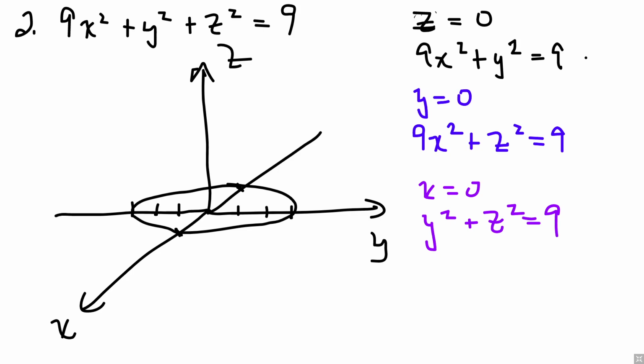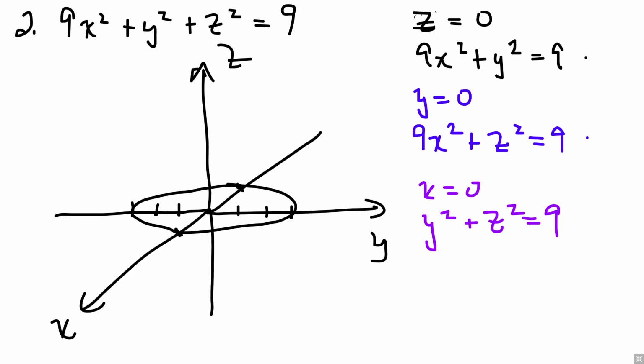Then next, I'm going to move to when y is 0. So this is going to be an ellipse in the xz plane. x is going to be 1, and I've already got the ones marked on x.